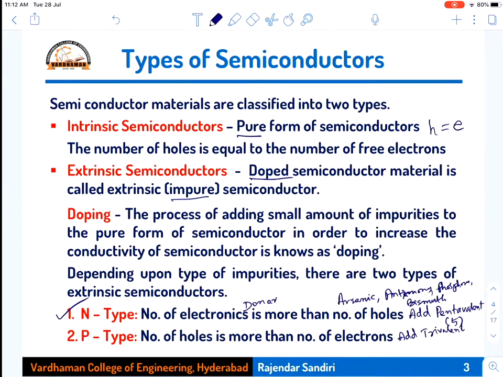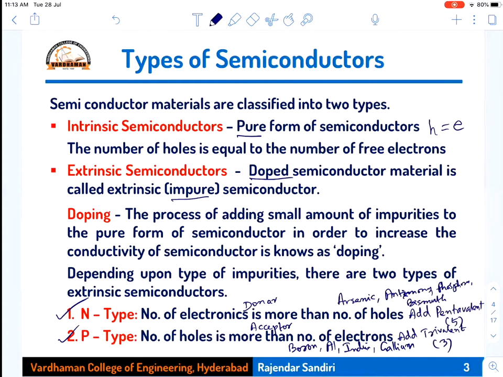Trivalent means 3 valence electrons. These are called acceptor impurities. The trivalent atoms are boron, aluminium, indium, gallium, and so on. If you add these trivalent impurities, also called acceptor impurities, then a P-type semiconductor material is formed.